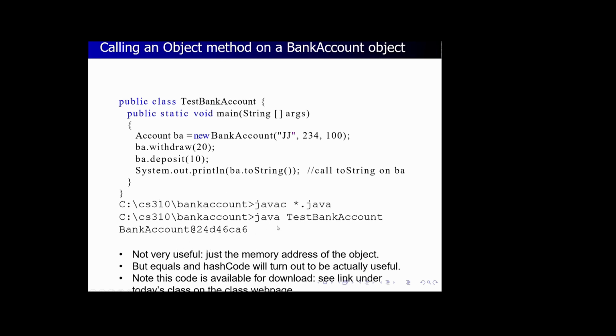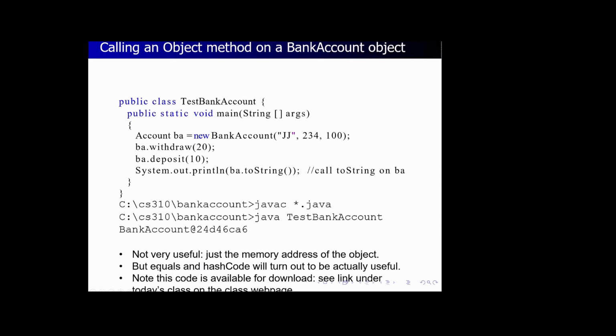Okay, so what do you get? Well, nothing very useful. Here's the output I got from my test BankAccount. All you get is the name of the class and the memory location. So it's not very useful, but I'm just trying to show the theory of it here, that the Object methods are available on any object.